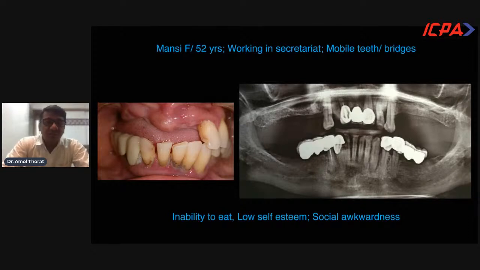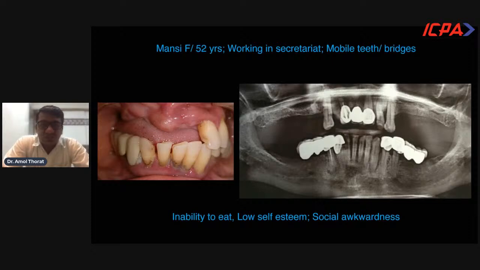So coming to our first case, Mrs. Mansi, she is about 52 years old. She is a gazetted officer, deputy secretary in the government of Maharashtra. And she comes to me like this. The OPG was shared with me before I saw the patient. She was having a few teeth when this OPG was taken, and by the time I saw the patient, she had lost the remaining teeth in the maxillary arch.